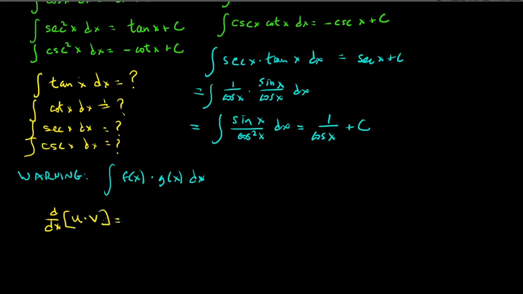So the derivative of u times v is just u times the derivative of v plus v times the derivative of u, right? So that's the product rule for derivatives. However, for antiderivatives, there just isn't any. There is no product rule.